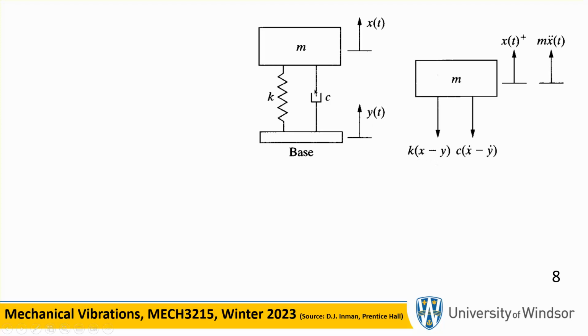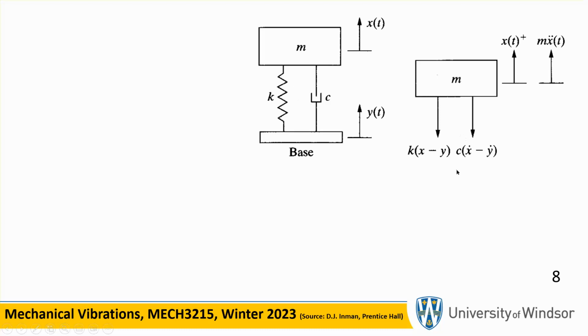So the force on that mass is k times the amount of stretching or compression, x minus y. And the same thing with the damper: because the mass has a velocity and the base has a velocity, the velocity that the damper sees is actually the difference of these two, x dot minus y dot, multiplied by the damping constant, and that is the force.